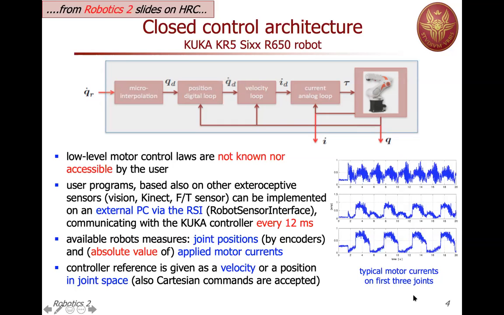The output of this generates, in fact, the current for the inner loop. Again, this velocity loop may be digital or analog.